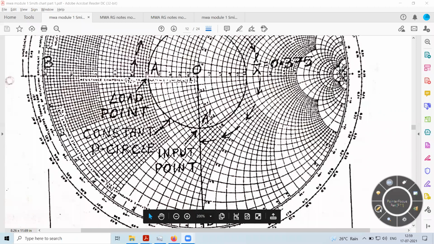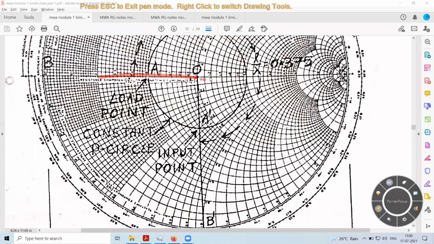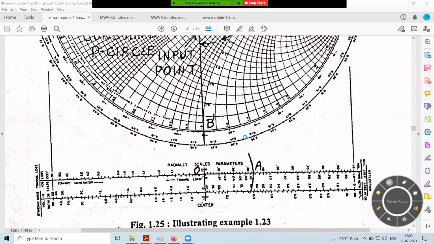Here there are two ways. You have drawn the VSWR circle. Project one end, that is on the horizontal line, where the VSWR circle cuts it at two points. Check where the reflection coefficient parameter is specified on the Smith chart.